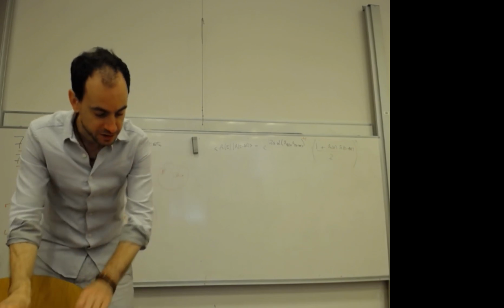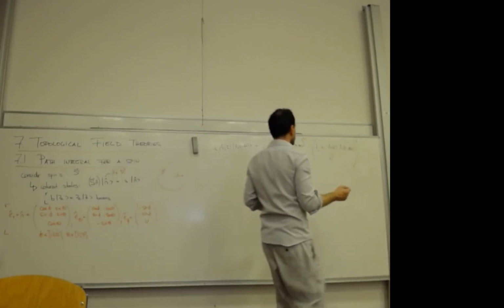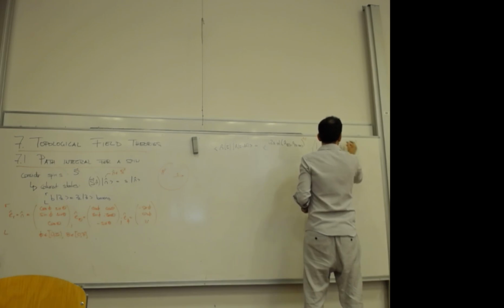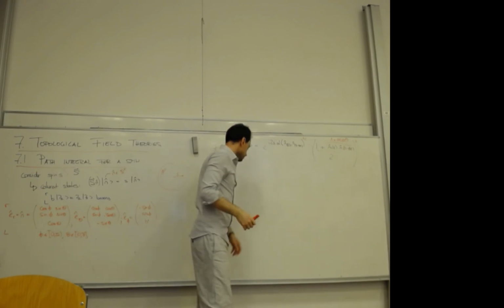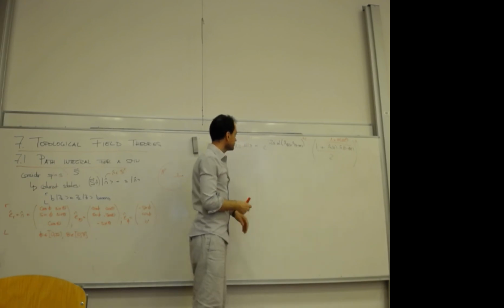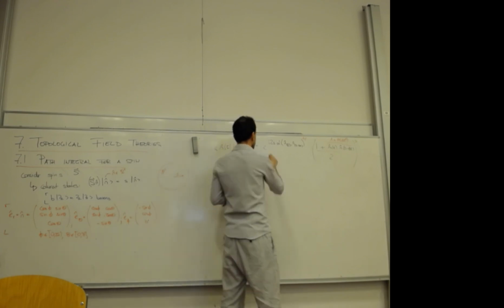You can actually see that for small delta tau, this guy here will be 1 plus order delta tau squared. We will drop that and only keep leading order delta tau. So at leading order in delta tau, we get everything from here.